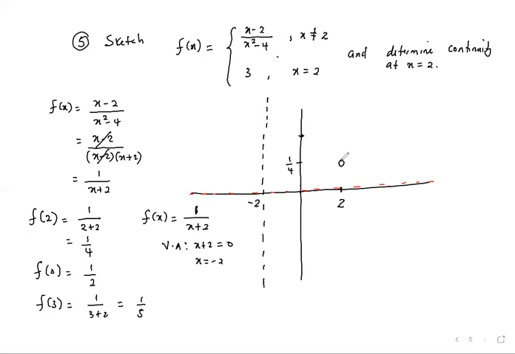So on this side, our curve will be like this. Then we also need a curve on the other side. So let's pick, say, minus 3. We get 1 over minus 3 plus 2, which is 1 over negative 1, which is minus 1. Okay, now it makes sense. So we have another curve inside.